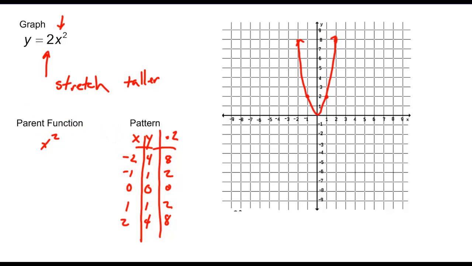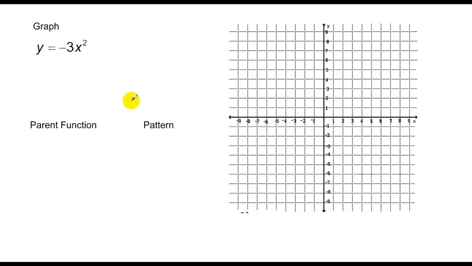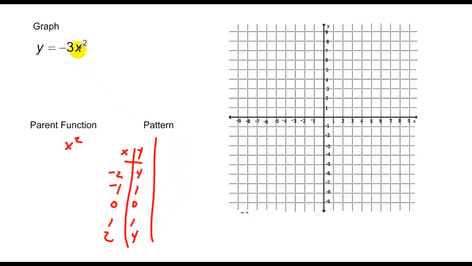Let's look at another example. In this case, same parent function, x squared. The pattern for an x squared graph is, again, -2, -1, 0, 1, 2, giving 4, 1, 0, 1, 4. But in this case, after we're done plugging into x squared, we have to multiply by -3.